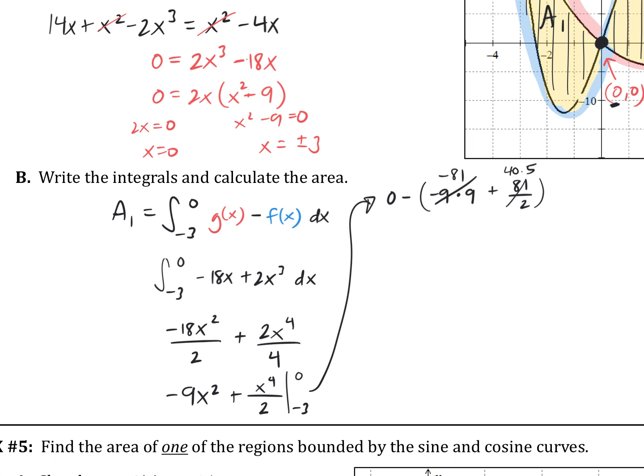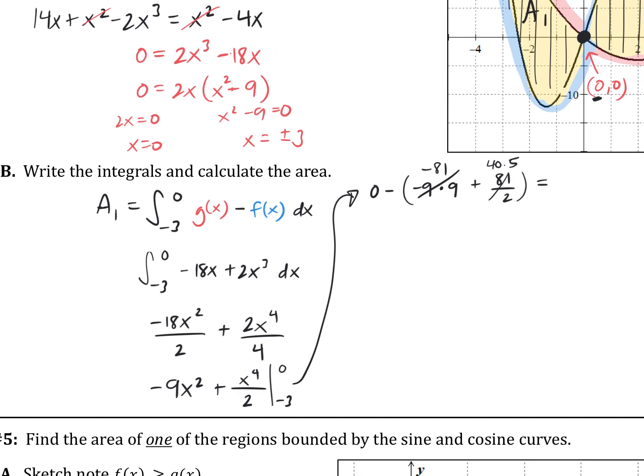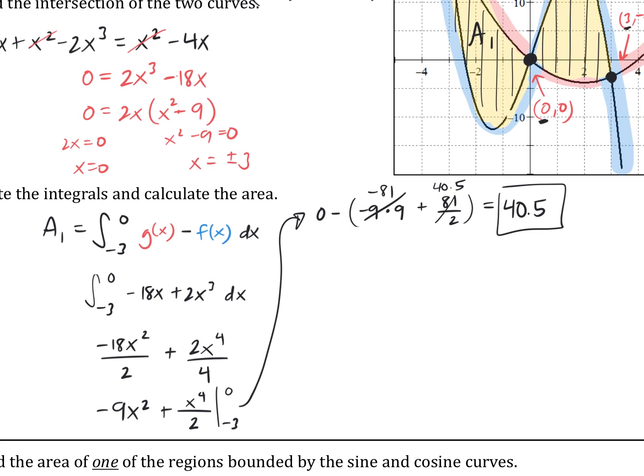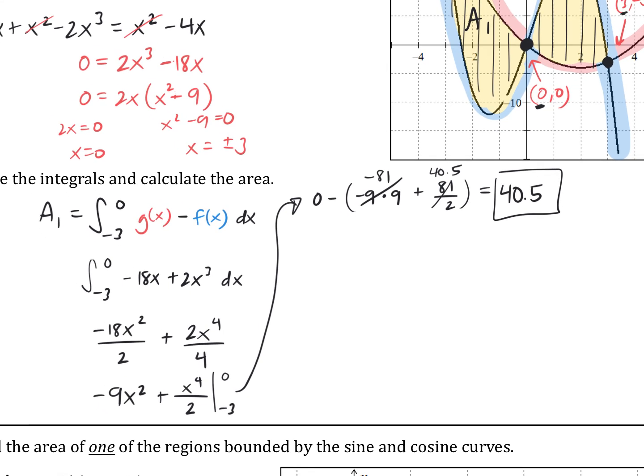So if I take -81 plus 40.5, I end up getting -40.5, but then there's a negative in front of it, so it's actually 40.5. Okay. So my first area right here is 40.5.